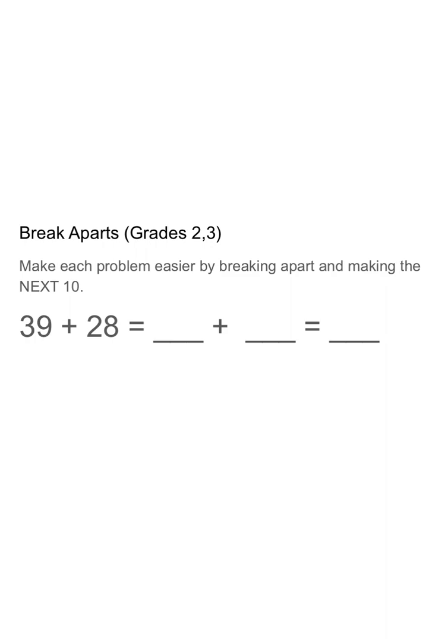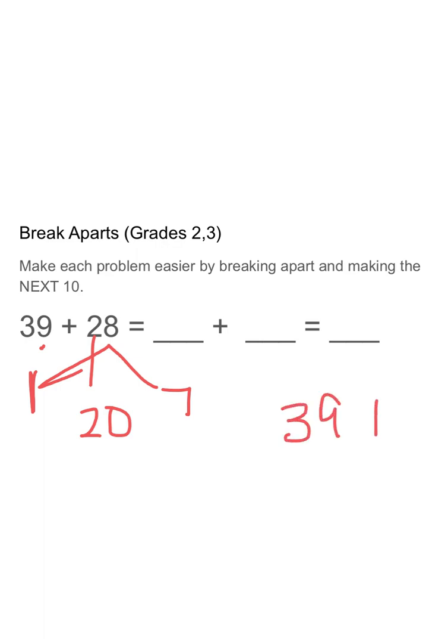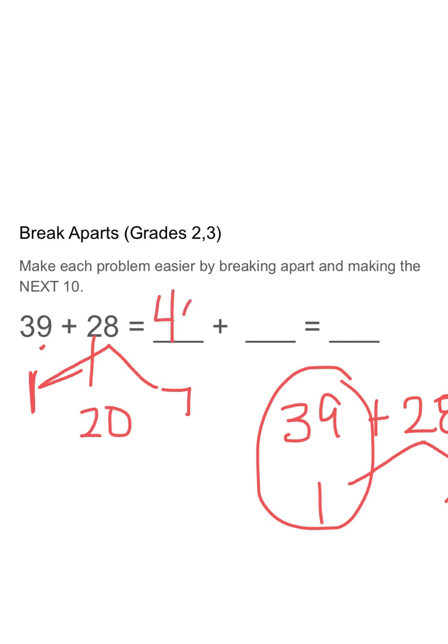Okay, then in second grade, we get really good at these. And 39 still wants its partner, so I'm going to give it a 1. And I have a 7 left. Now, at first, I start out and I just say, kids, bring that 20 down. But after a while, the kids will soon realize if I take 1 away from the 28, I'm only going to have a 27 there. So 39 plus 1 equals 40 plus 27.